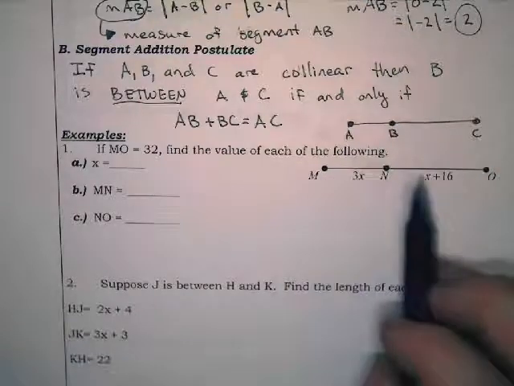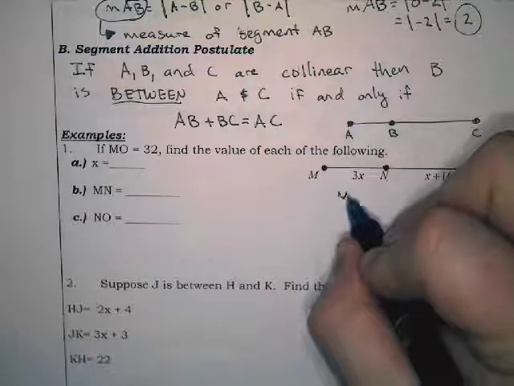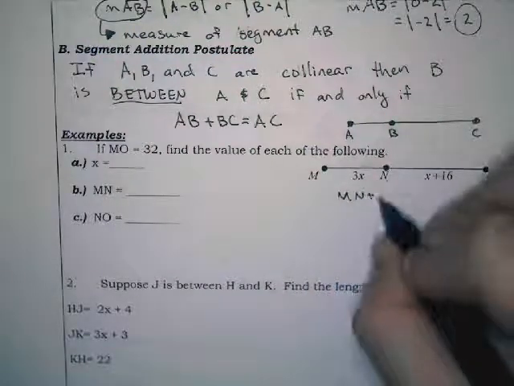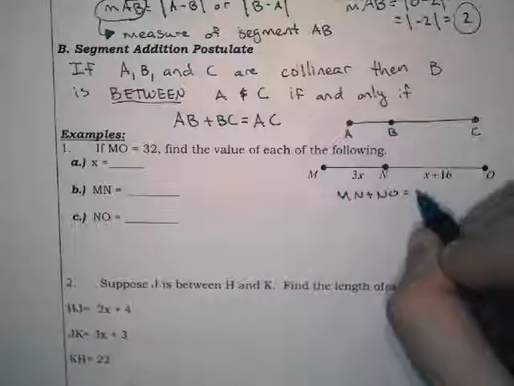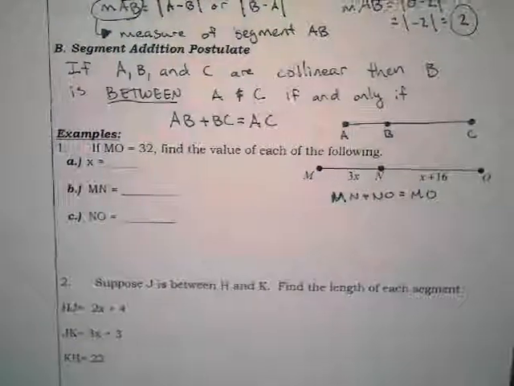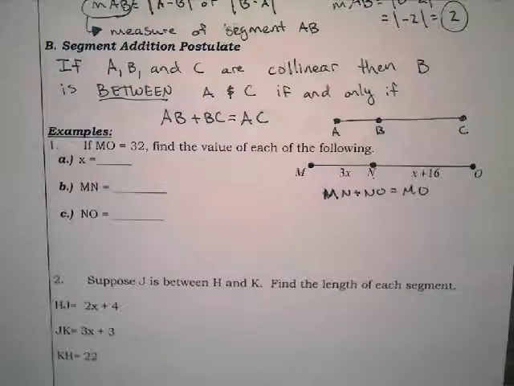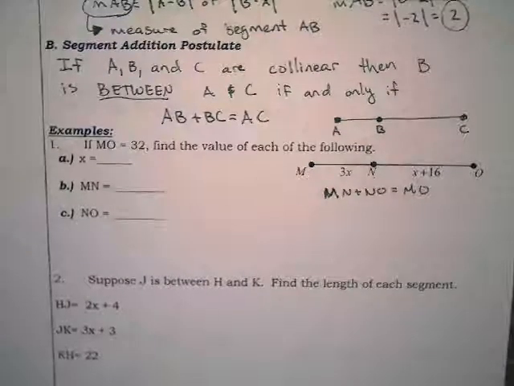The piece plus the piece will equal the whole. We can just gather that without even talking about solving for the variable, just by looking at our line, we can see that that is inherently true.